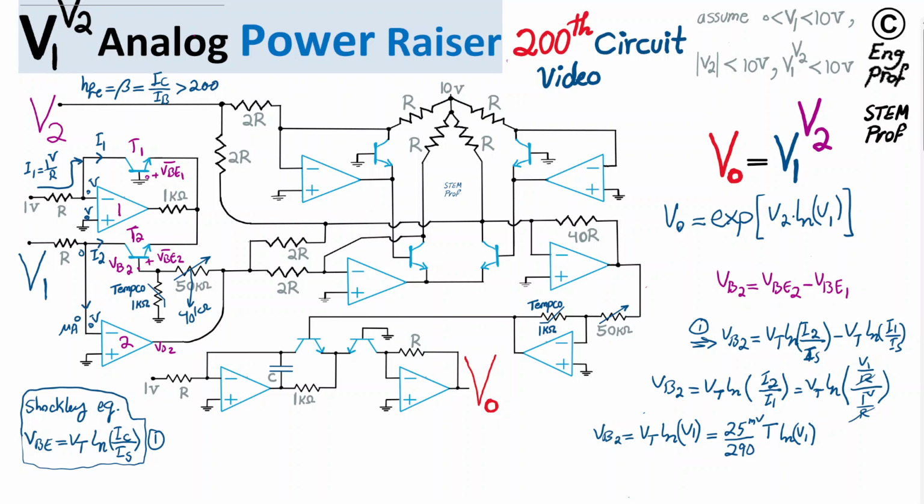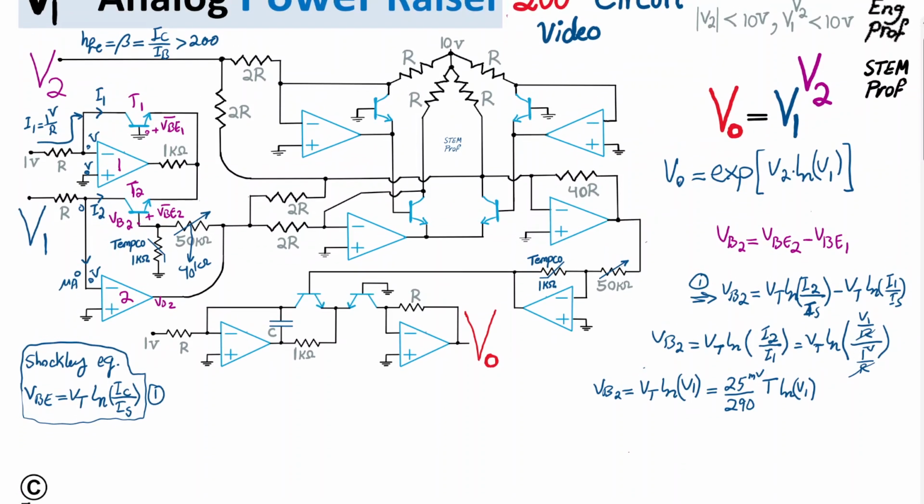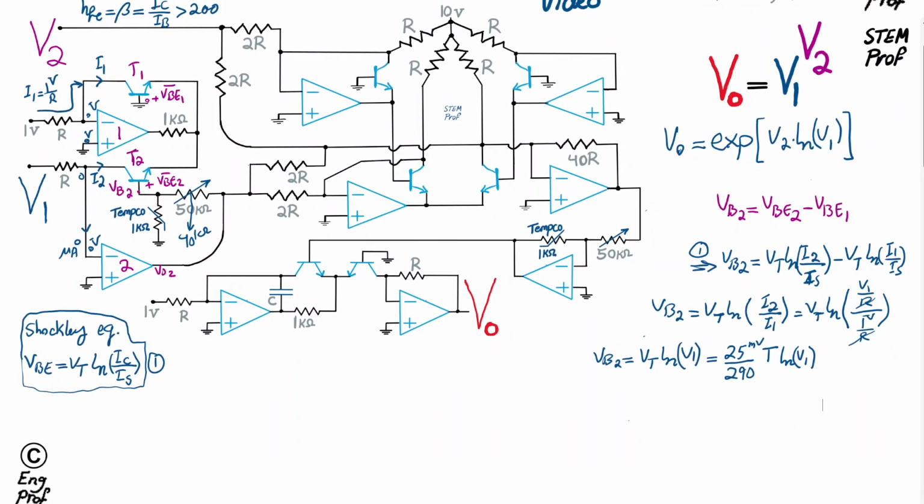So therefore, Vout2, the voltage at the output of the second op-amp at this node, which is the same node here, is equal to just the scale up of the series of 40K out of the 50K potentiometer and the 1K TEMCO, the temperature compensating resistor with nominal value 1K.